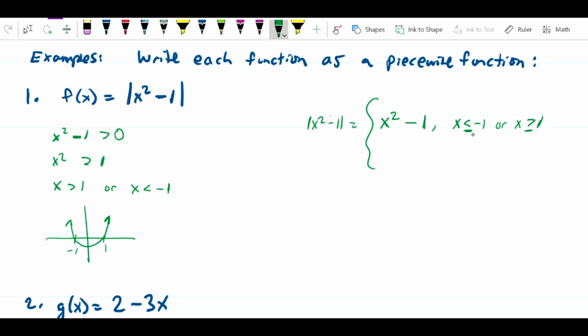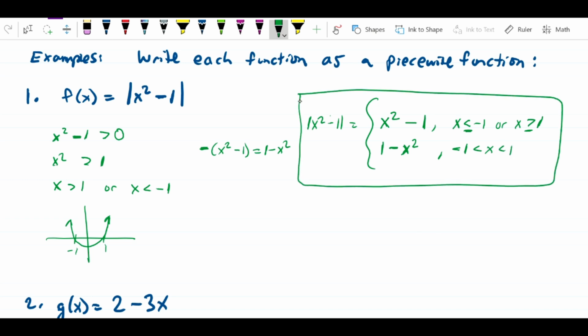And then finally, if x squared minus 1 is less than 0, then I simply have to take the negative of that expression. That's going to give me 1 minus x squared. Where did that come from? Negative of x squared minus 1 equals 1 minus x squared. That's going to apply between negative 1 and 1. So there's a piecewise definition of that function.